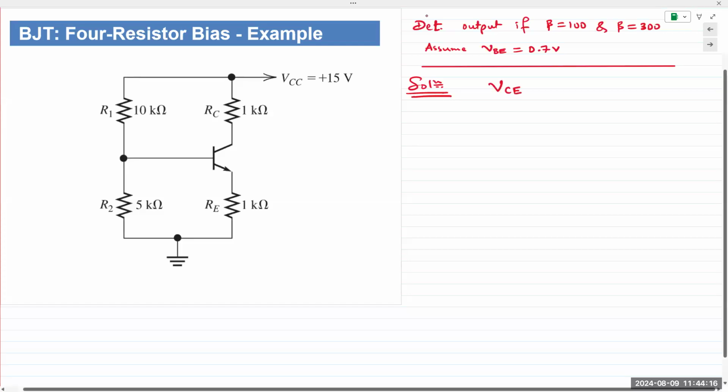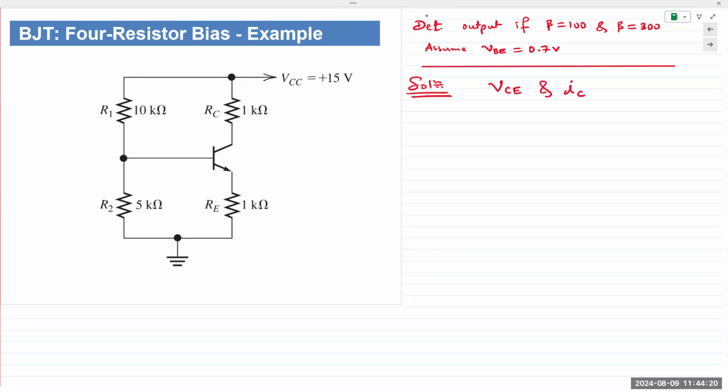So it's VCE and also IC. Input side is VB and IB. Output is IC and VCE. So if it says determine the output voltage, then it will be VCE. If it just says determine output, then we don't really know what it's asking for. Then you find everything. Okay, just a small tip.